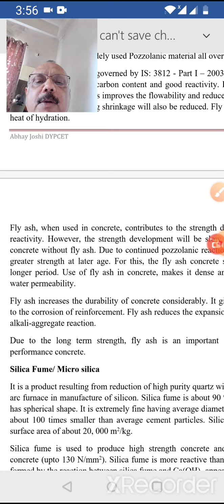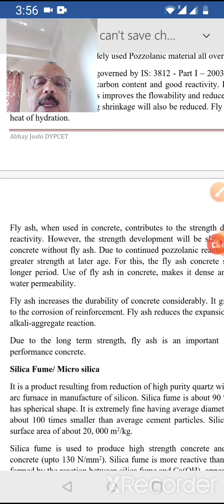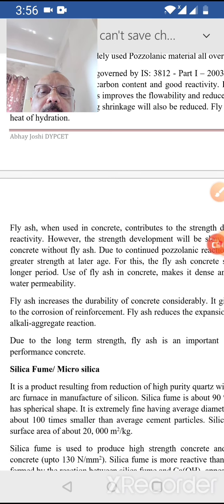Now one more advantage of fly ash is, when it is used with the concrete, it makes the concrete dense, and obviously it prevents water permeability. Now as far as durability is concerned, fly ash increases the durability of concrete considerably.